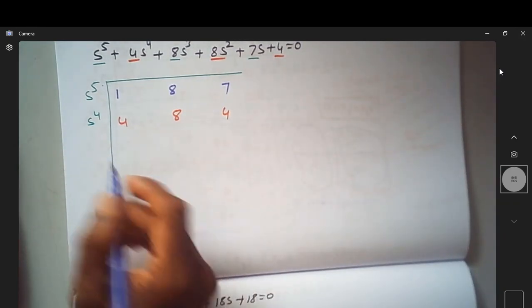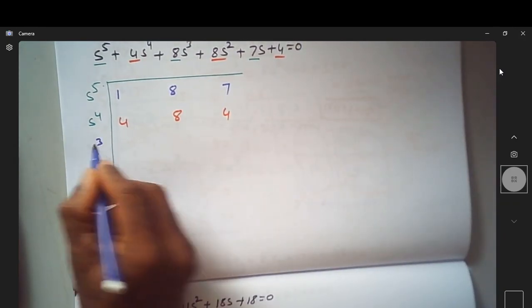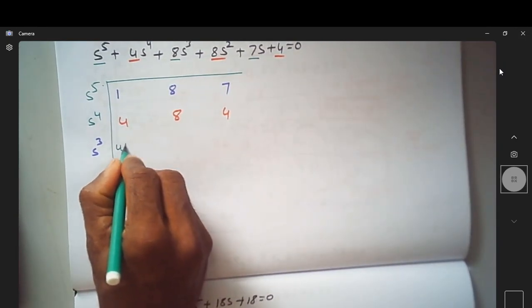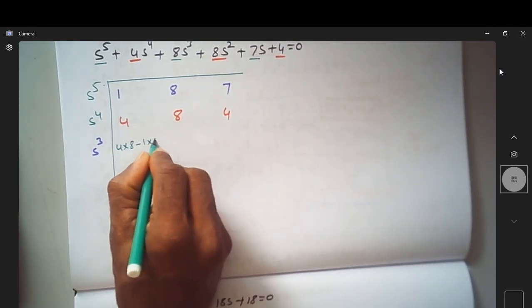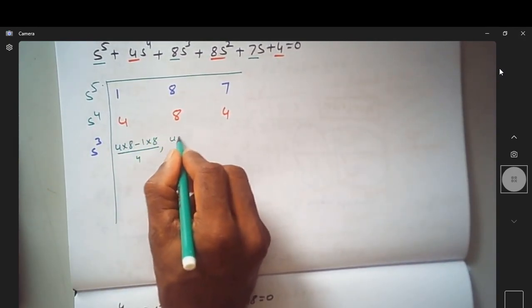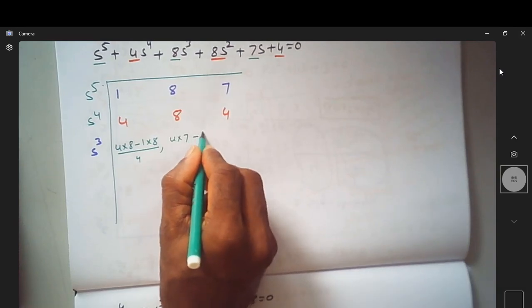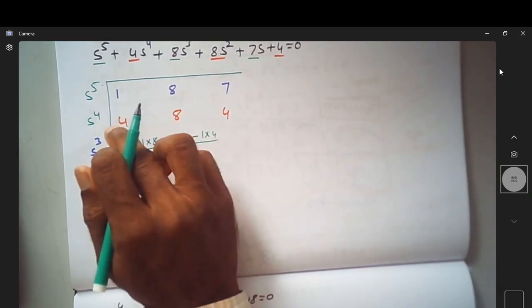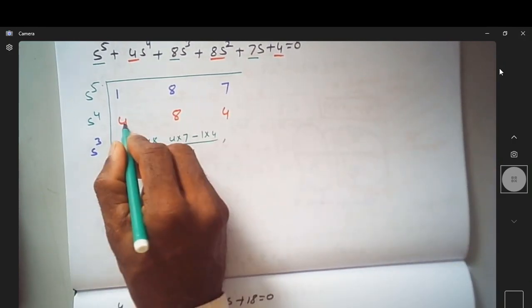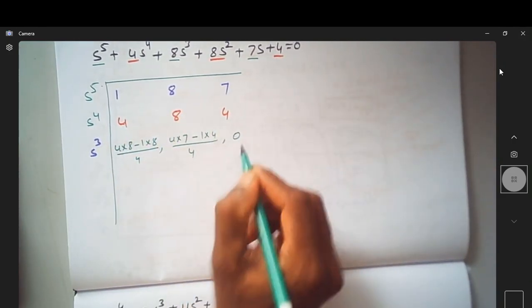Let us write it for s cube, which is nothing but 4 into 8 minus 1 into 8 by 4, and 4 into 7 minus 1 into 4 by 4, and then this is 0.